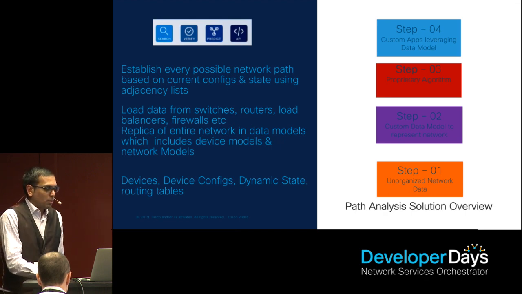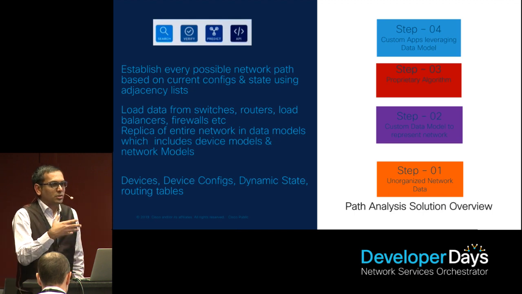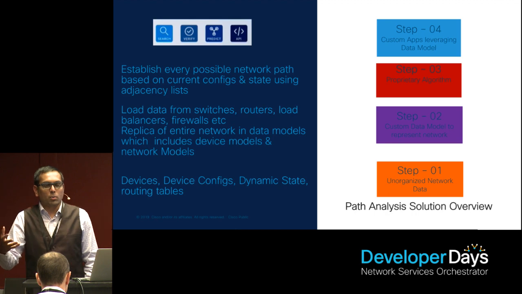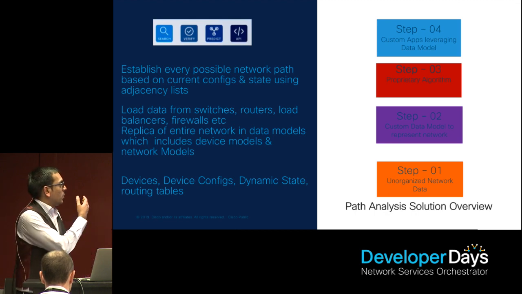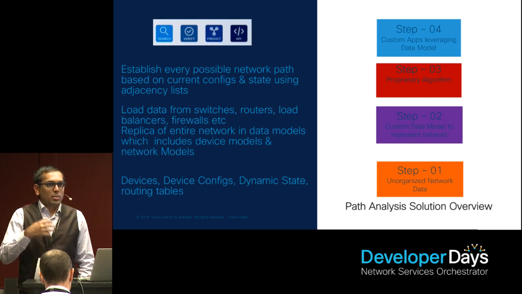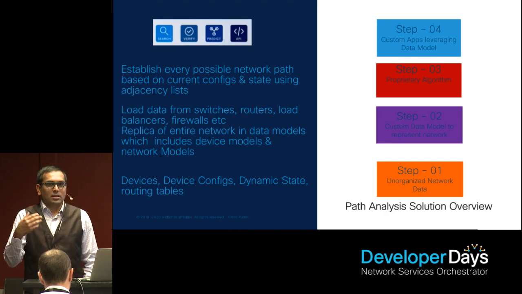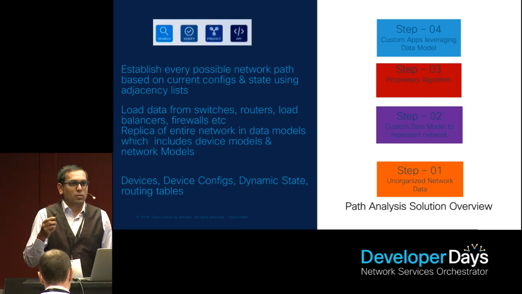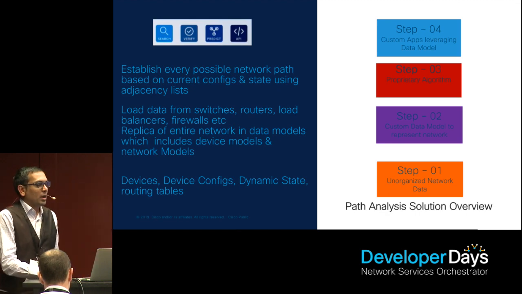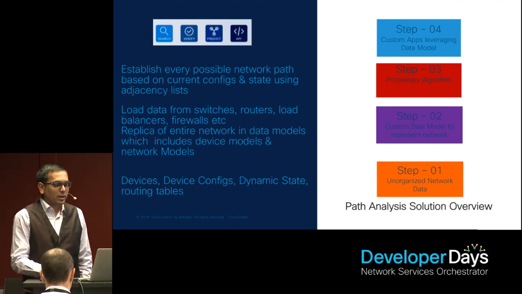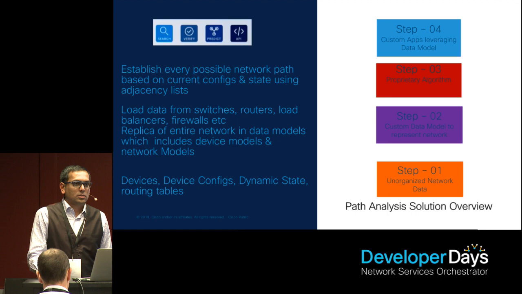And then there is a proprietary algorithm which transposes that and loads it into a topology tree or a topology database. Eventually, we are able to establish every possible network path based on the current config, states, and the adjacency list. And then we have custom apps built within BPA, which would facilitate search, verifying, predicting, and running some API requests.